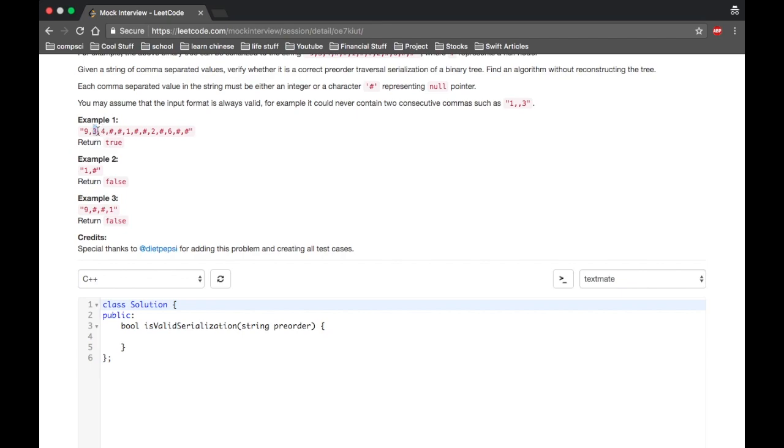If the next number is a number, then the next number is the child of this number. Okay.